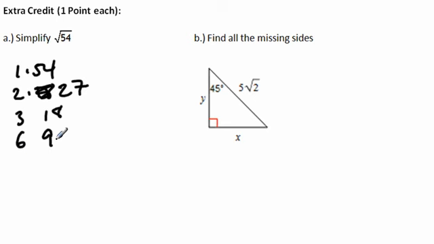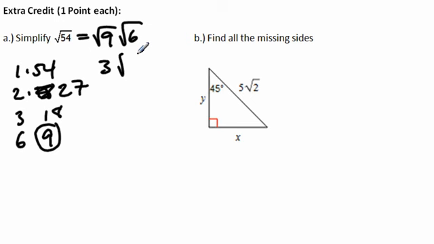So when we look at the factors, we see a factor of 9. So this is the same thing as the square root of 9 times the square root of 6. And so this simplifies to 3 square root 6. And that's our answer.